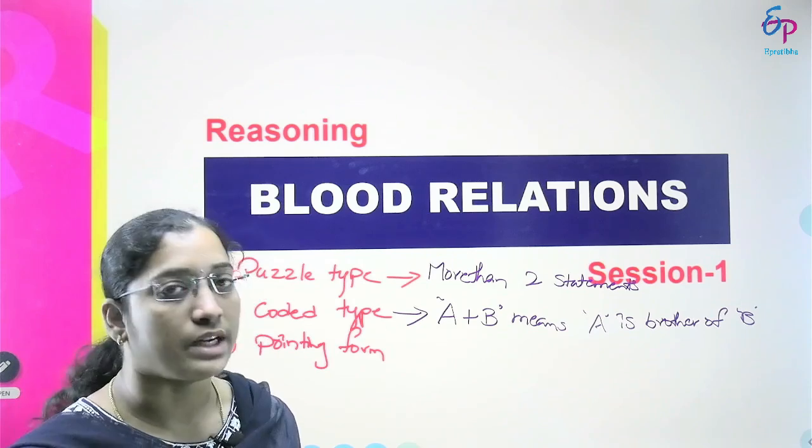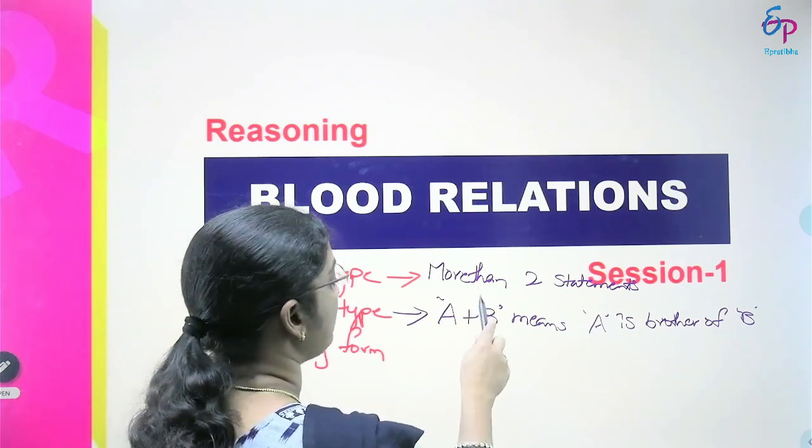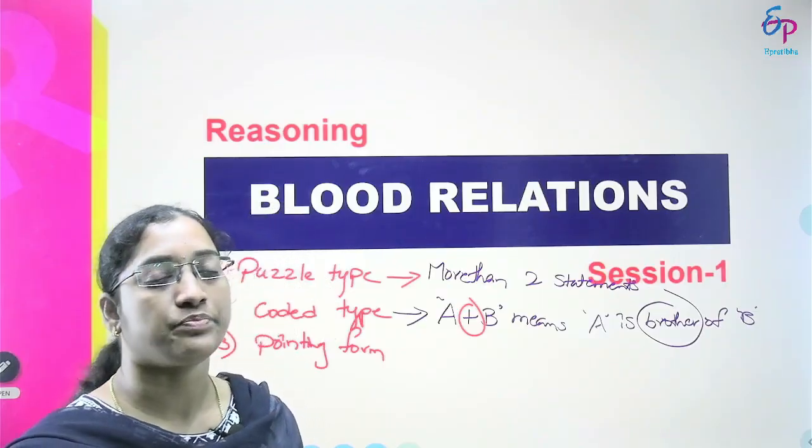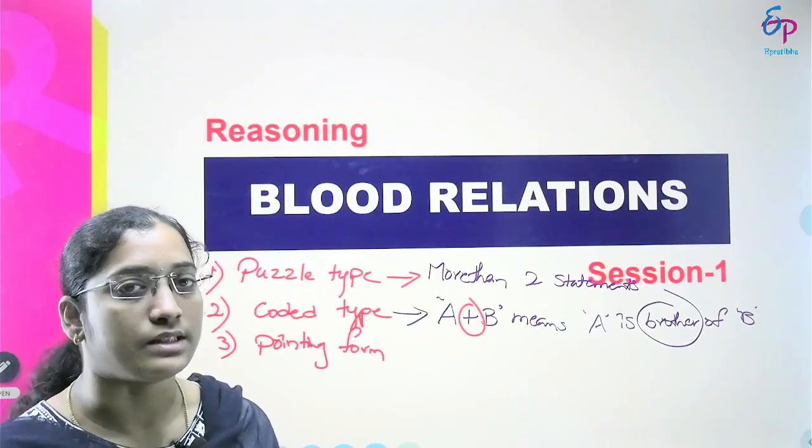A is brother of B, right? That means this plus indicates the brother relation, friends. So plus indicates brother relation, and A plus B means A is brother of B.